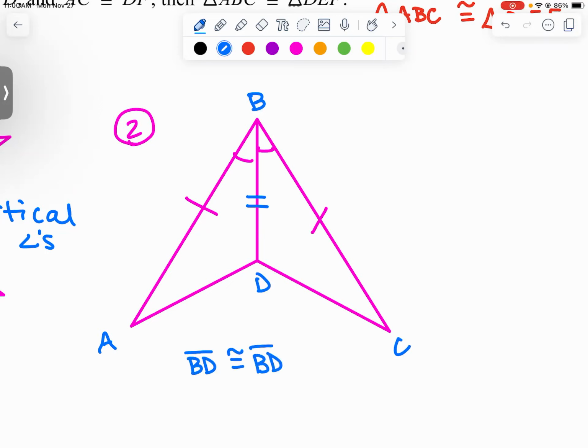What do we call that? That's the reflexive property. So we know a side is congruent to itself. So now do we have side angle side? Yes or no? Yeah, we could say triangle ABD is congruent to triangle CBD by side angle side.